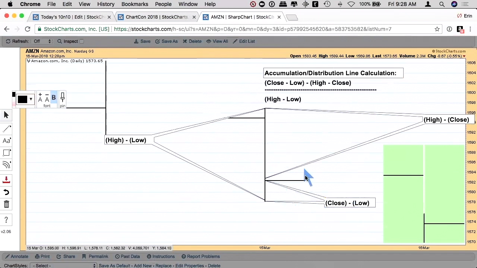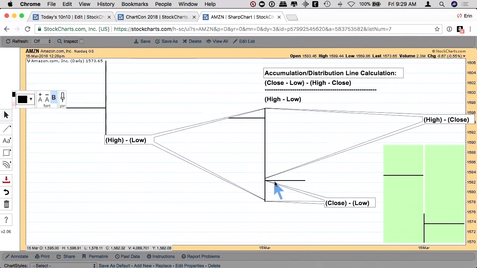And you can see, for example, this was a negative day, right? There's your open and there's your close. So it was a negative day. So the bar is in the bottom, the close is at the bottom half. And so that means we know our ADL is going to be negative. Well, you can already tell that because the close minus the low is obviously a smaller number than the high minus the low. So that'll make that negative, and then we divide it by the whole volume.